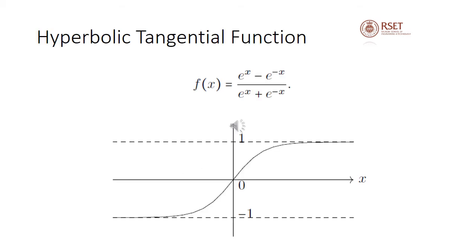The next activation function is the hyperbolic tangent function, which can be represented as e raised to x minus e raised to minus x, divided by e raised to x plus e raised to minus x, which is equivalent to a tan function, that is, e raised to theta minus e raised to minus theta divided by e raised to theta plus e raised to minus theta.